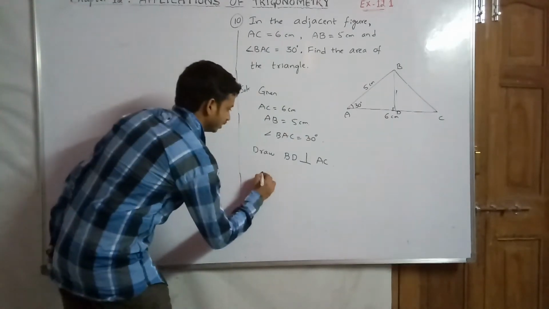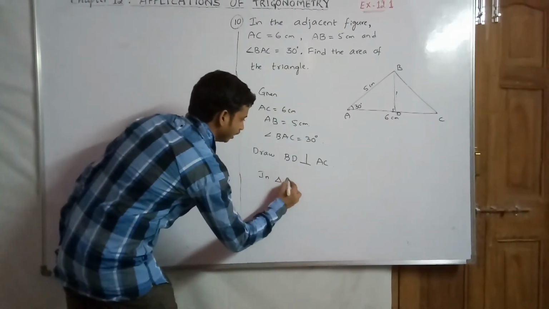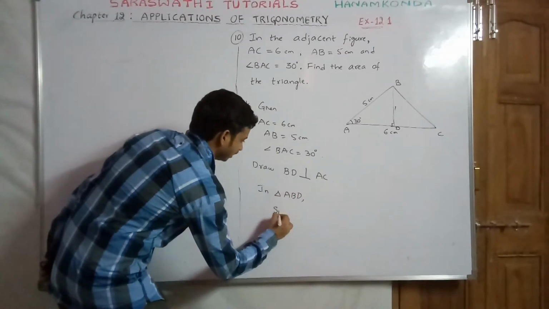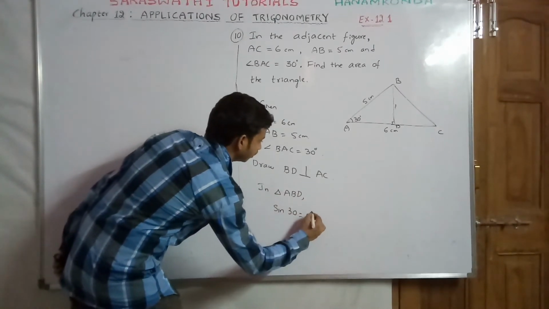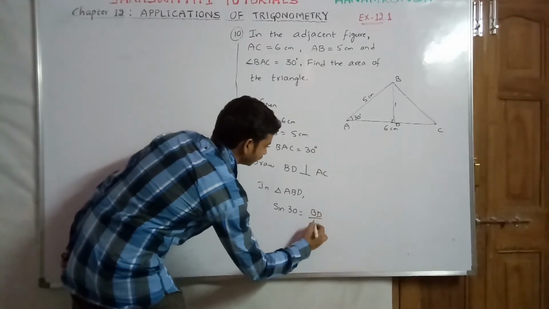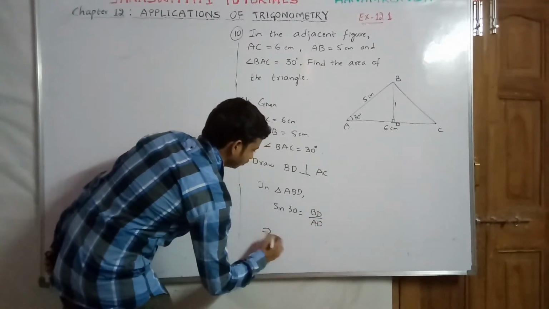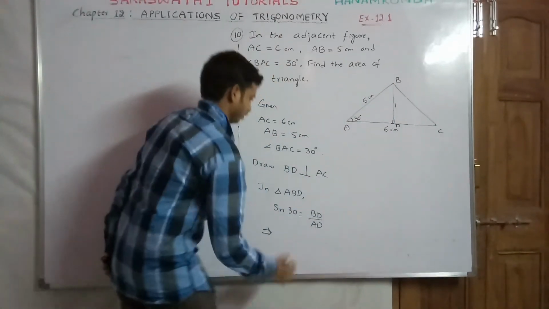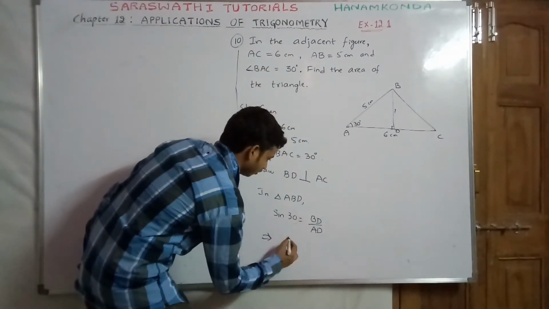In triangle ABD, sine 30 equals BD by AB, that is, opposite by hypotenuse. We know that the sine 30 value equals 1 by 2.